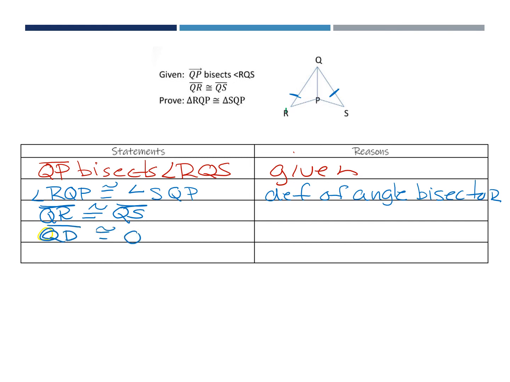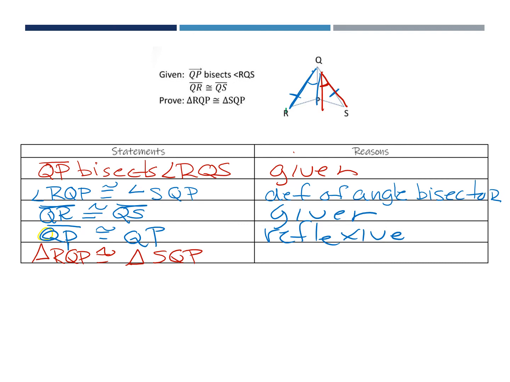Congruent to itself, to QP, and that's by reflexive. This is given. So now I've got a side, an angle, a side. So I can say that those are congruent. Triangle RQP is congruent to triangle SQP, and that's by side, angle, side congruence.